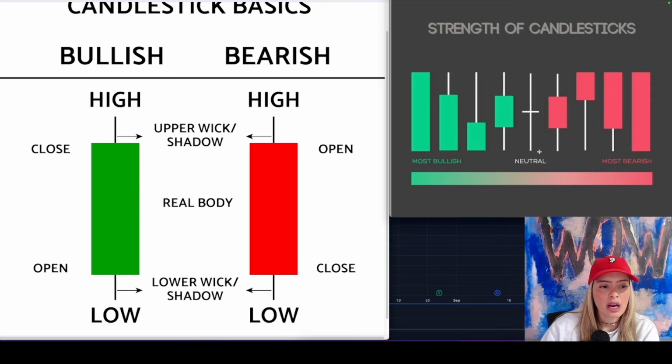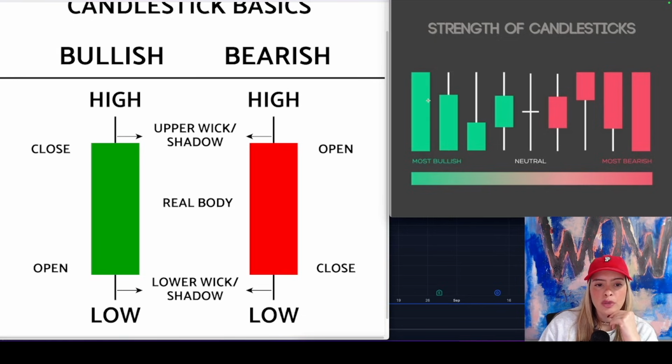So why is this so important? Because what a candlestick does to the chart is basically send you a message of what might be the next move in the market, right? We have here a graph showing how to read the candlestick based on strength.